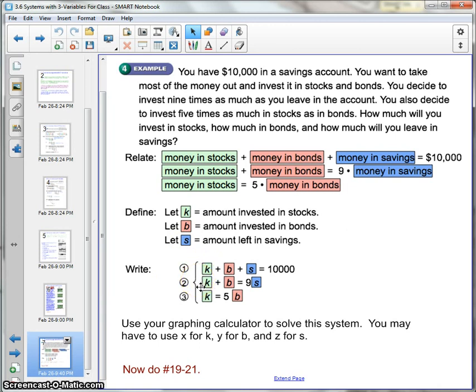Stocks plus bonds is equal to 9 times our savings, and stocks is equal to 5 times our bonds. With those 3 equations and 3 variables, we can use our graphing calculators to solve this system. And just as a note, we will want to use X for K, Y for B, and Z for S, just so that it will work with the system on our calculators.